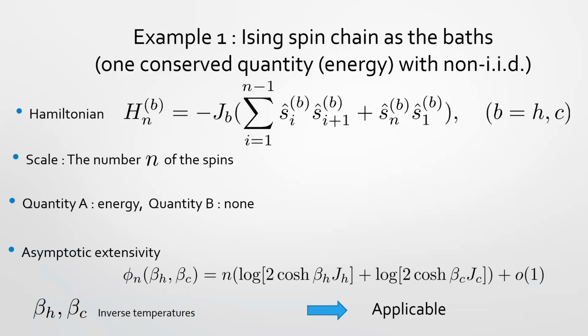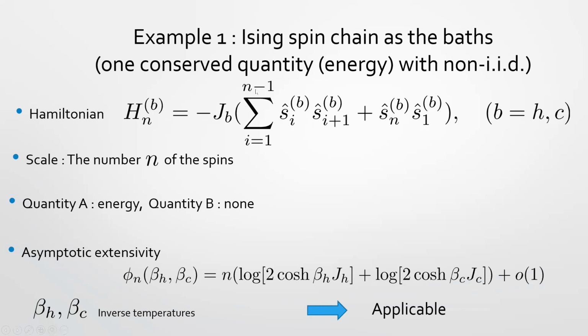So then I want to proceed to some example cases. Can I go to this example part? In this case, we have a scale parameter n. Because this is only a one-dimensional spin chain, this is very close to the IID case.